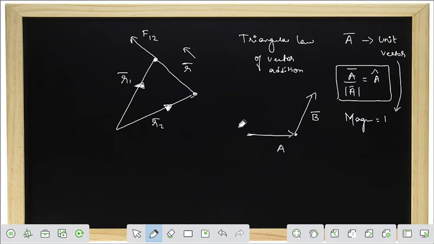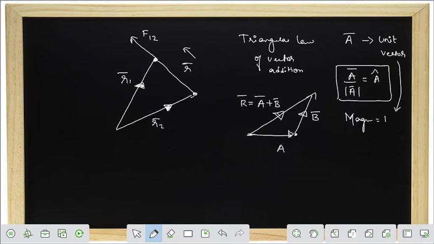The closing third side will give you the resultant vector in the opposite direction. This is a bar plus b bar. This is your resultant vector. This is the logic, and this is how the directions are to be given.